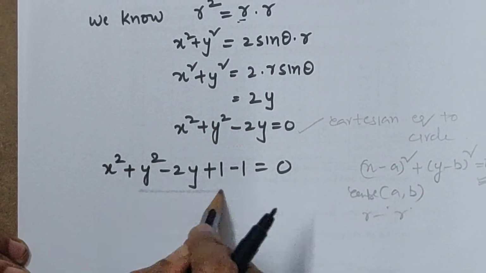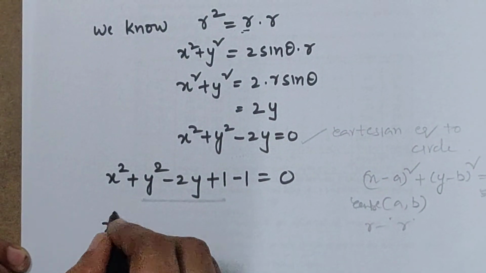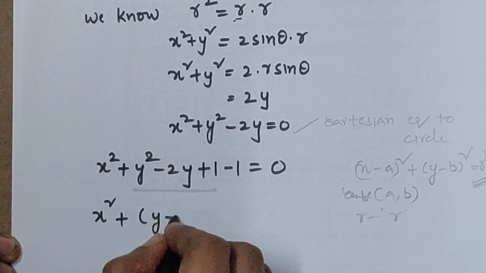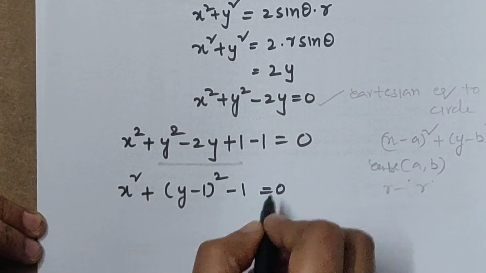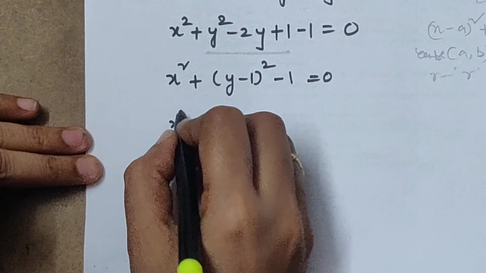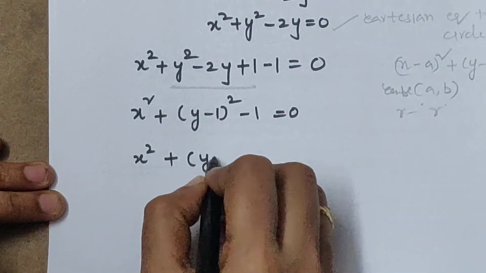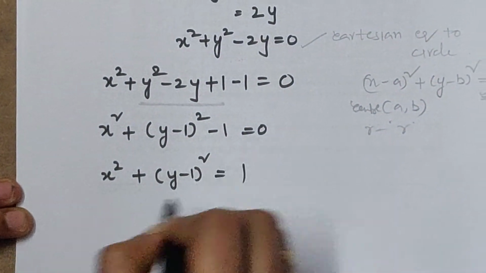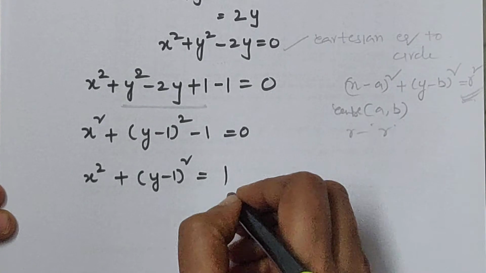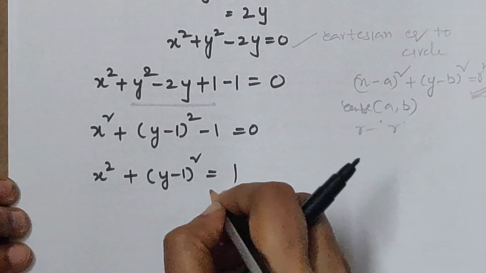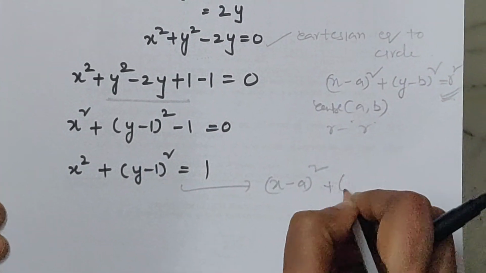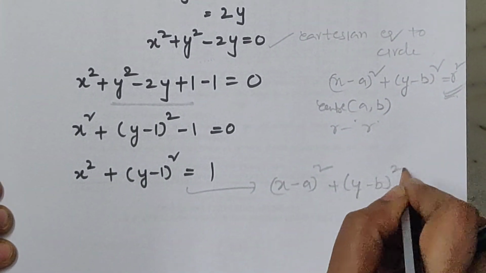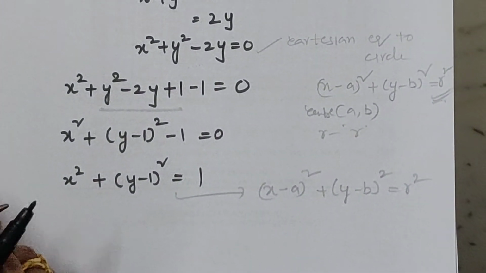Combining, it is y minus 1 whole square minus 1 equal to 0. So x square plus y minus 1 whole square equal to 1. Clearly it is in the form x minus a whole square plus y minus b whole square equal to r square.